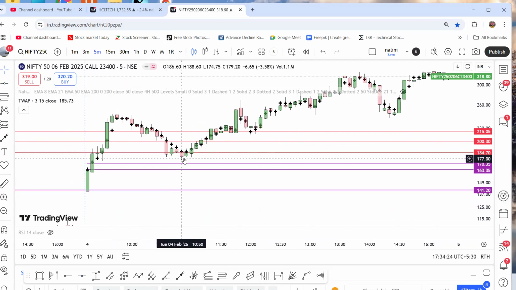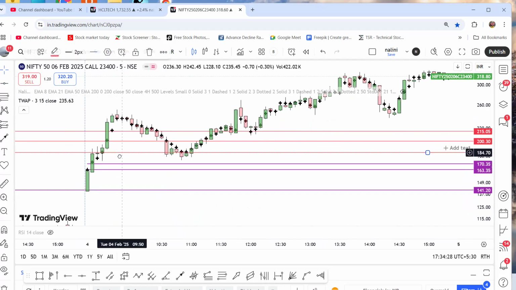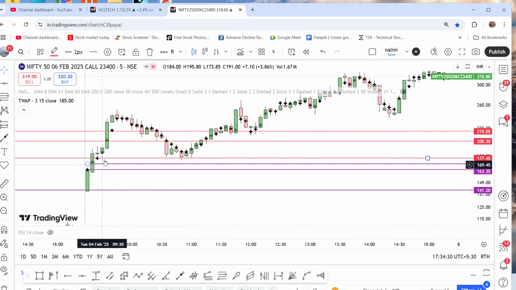So when it came here, this is the TWAP level, price hit that level, the low of that level, and it did not go past this. So even you can take an aggressive entry.